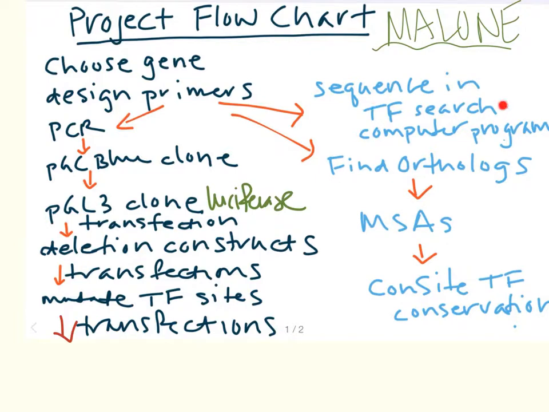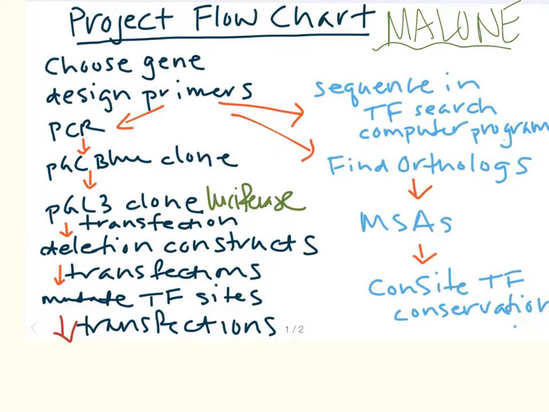What's over here? Again, simultaneously, we should be analyzing our sequence using computer databases and algorithms to find potential transcription factor binding sites. We have a list of transcription factor search sites that you can put your sequence through that will give you a compilation of all the putative transcription factor binding sites within your promoter deletion constructs.